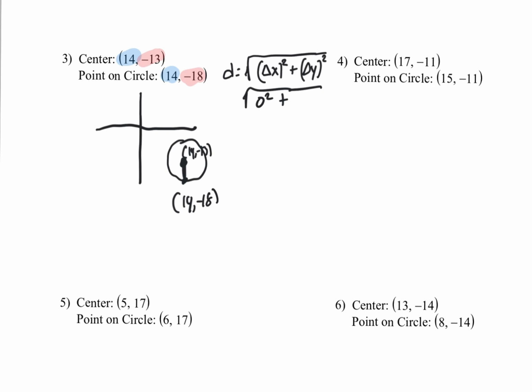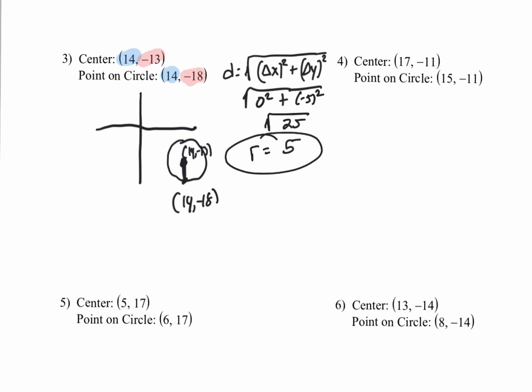Doesn't matter which way you say it because you're going to end up squaring it anyway. So let's just say we use negative 5, but we're going to square that anyway. 0 squared is 0. Negative 5 squared is 25. So 0 plus 25 is 25. The square root of 25 is 5. So that tells us that our radius of this is equal to 5.